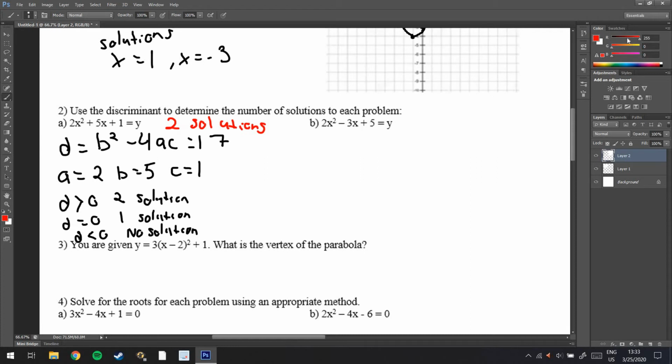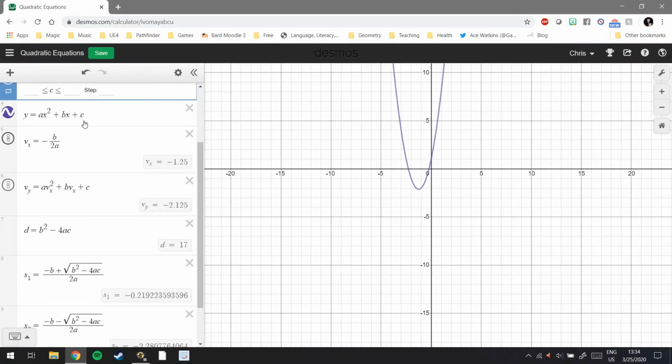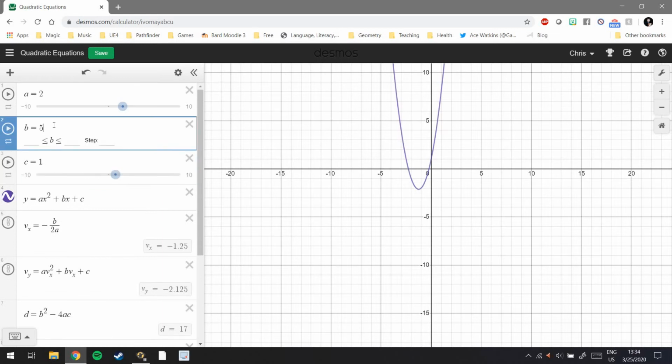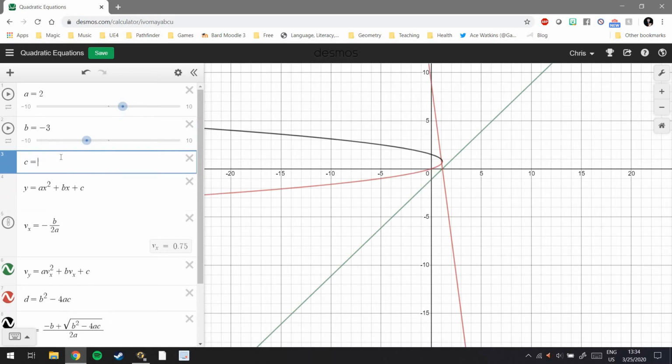For b, I know a is 2, b is negative 3, c is 5. I'm just going to plug these into the app. So 2, negative 3, 5.